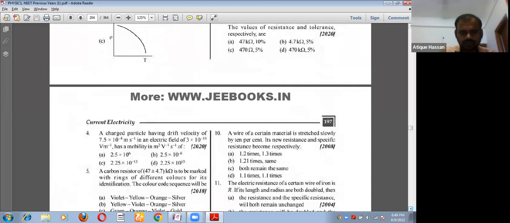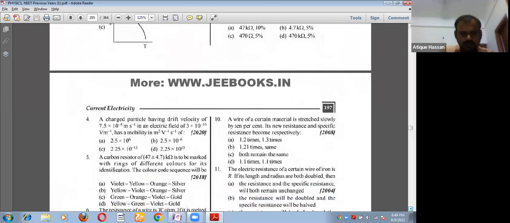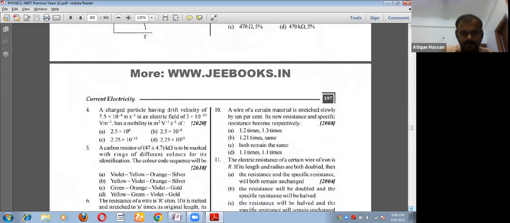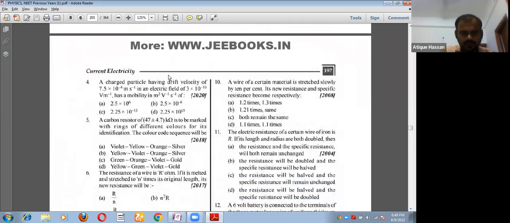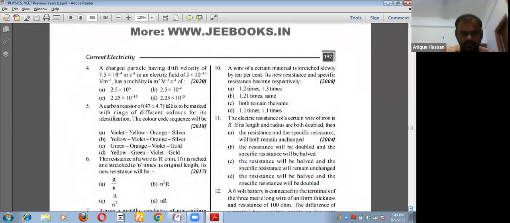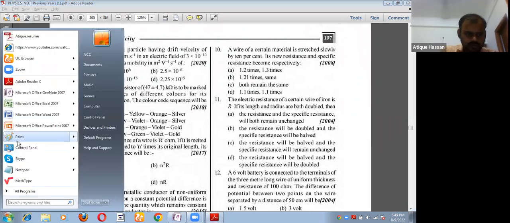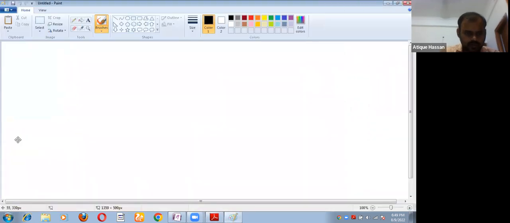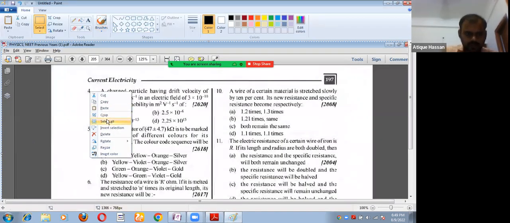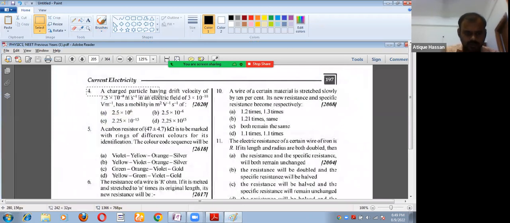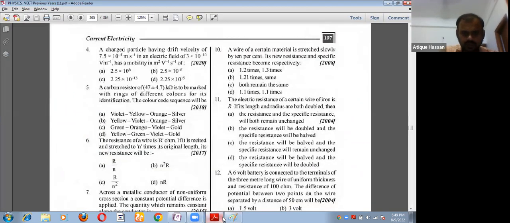Moving to the next question. Do question number 4. This is also a NEET 2020 question.